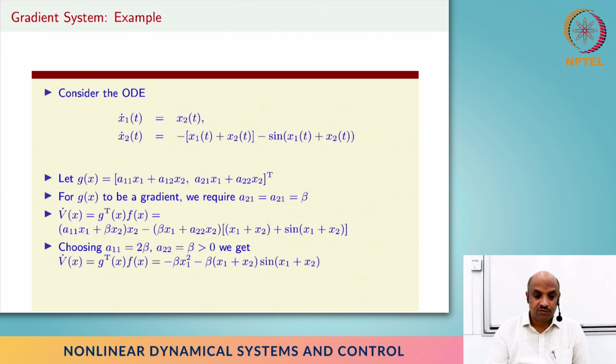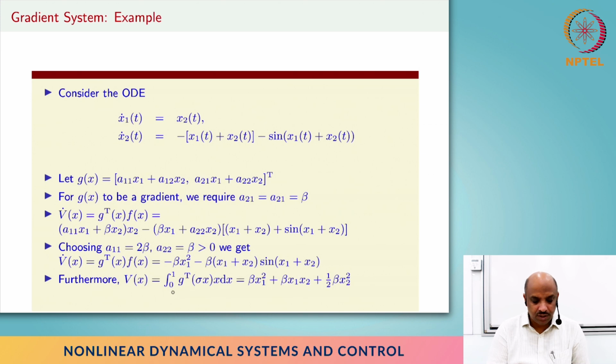In that sense, this is far more global than the linearization result that we had earlier, right? And how do we get this V of x? V of x is simply integrated out, and I'll leave it as homework to verify this particular calculation, but we will end up with beta x1 square plus beta x1 x2 plus half beta x2 square.